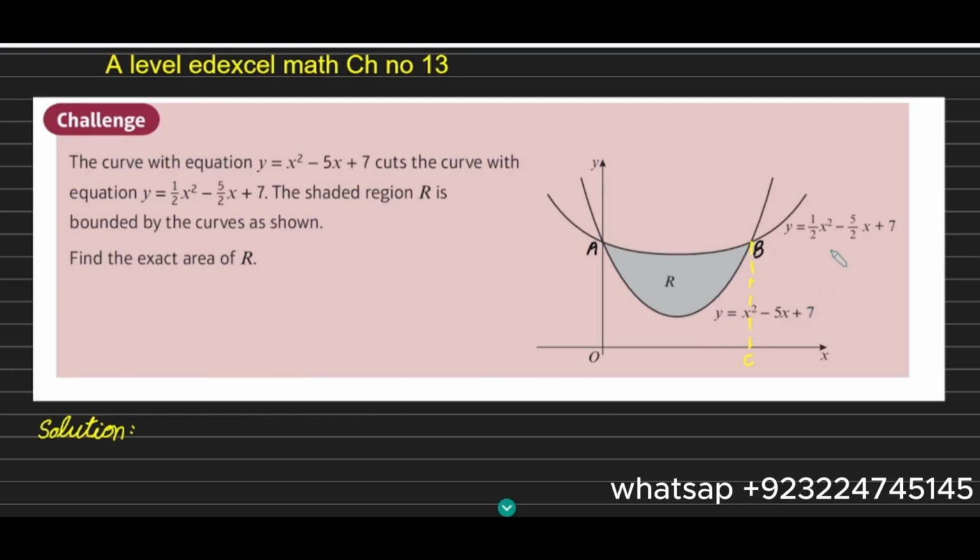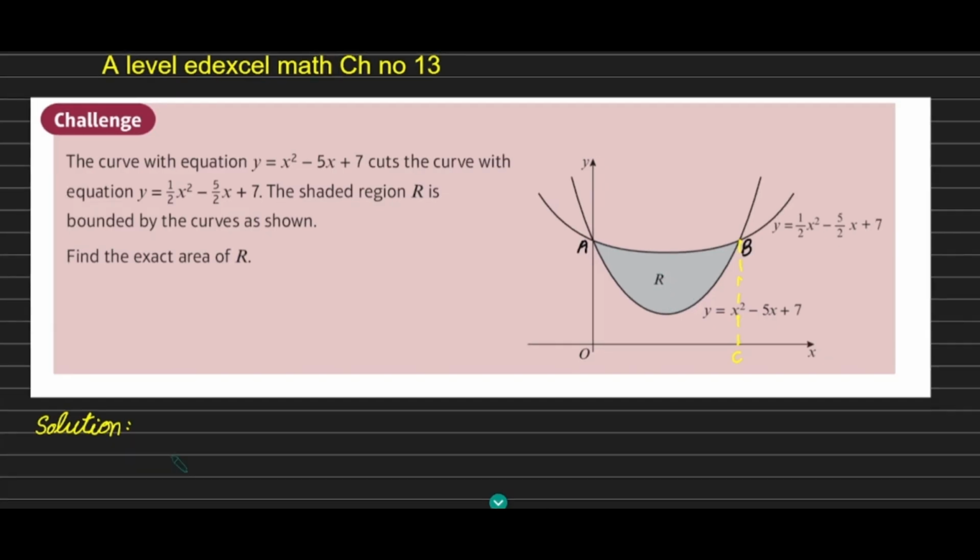Then we subtract the area under the below curve from the area under the above curve. Then we will find the exact area R.